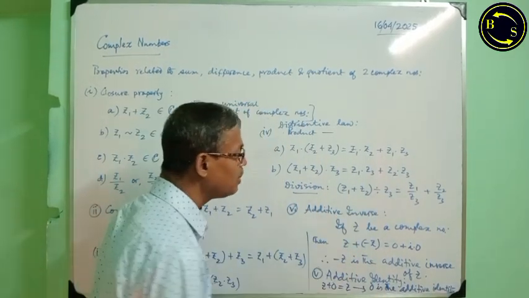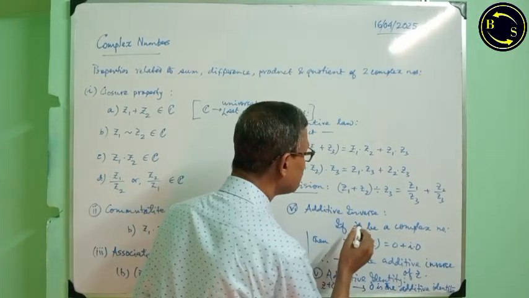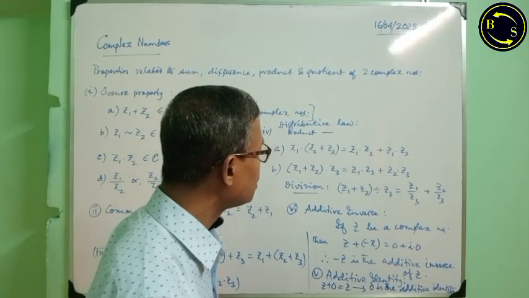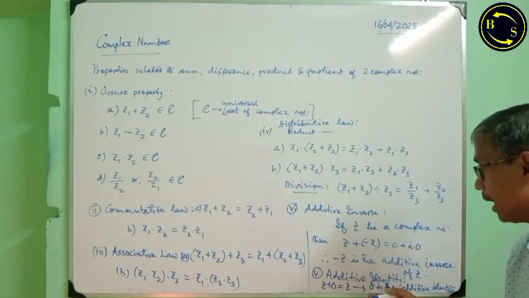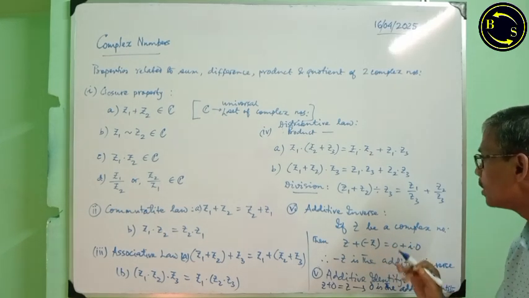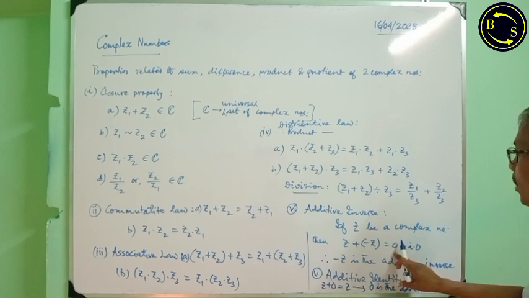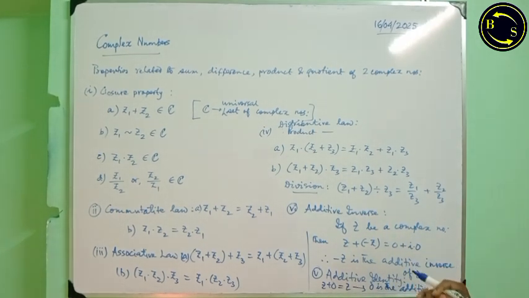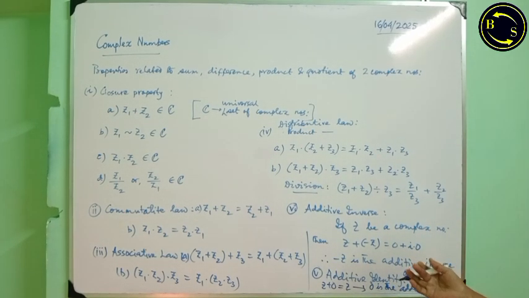After this, additive inverse. The explanation of inverse of a number is that if we, in this case, add the number to the given complex number and the result becomes additive identity, then the number which added to the given complex number is said to be additive inverse.